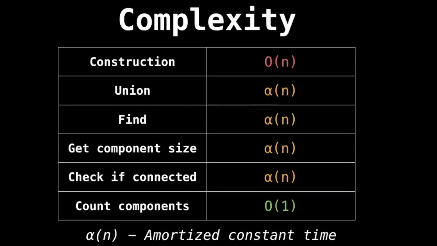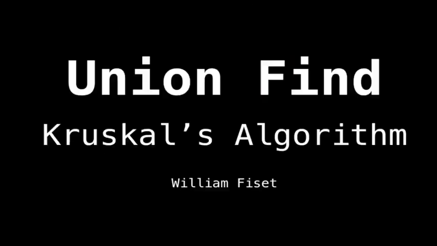So almost constant time, although not quite constant time. And finally, count components. We can determine how many components, or in our magnet examples, how many different groups of magnets we have, and we can do that in constant time, which is really, really great.